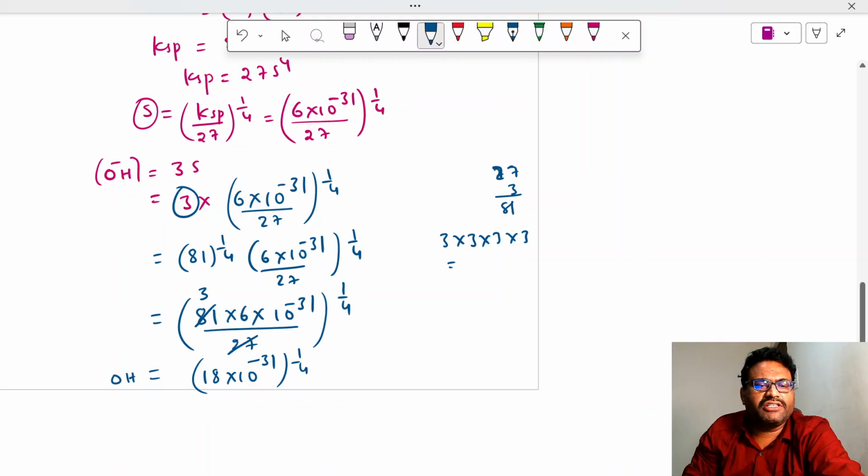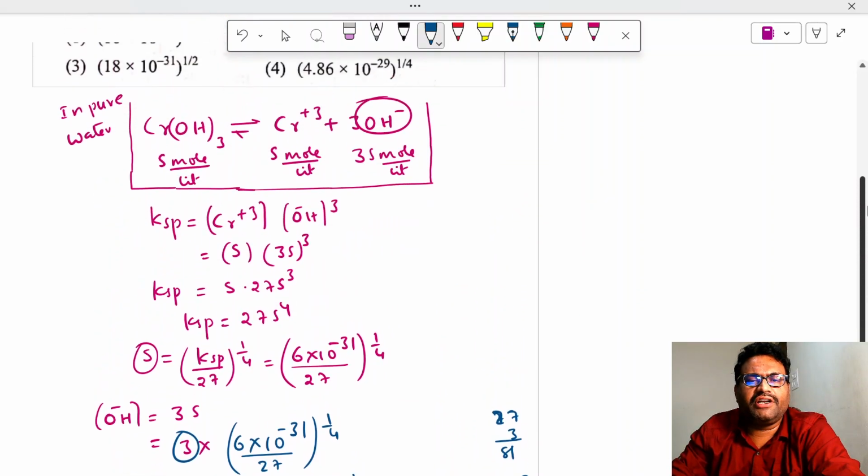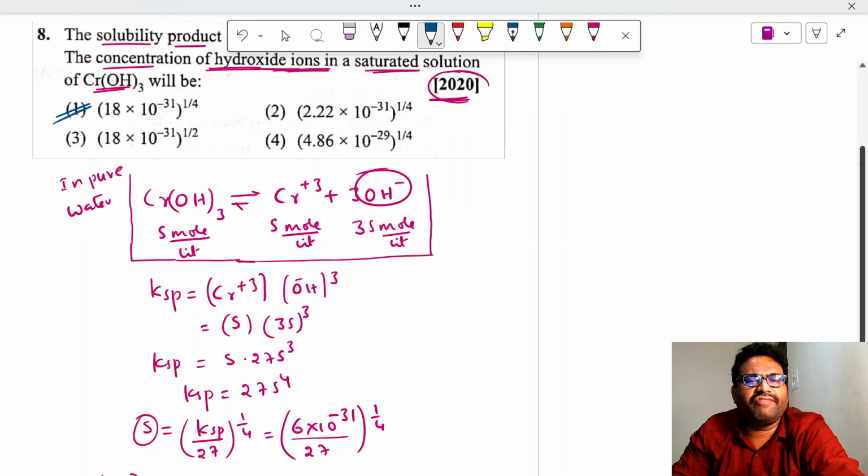So the OH minus ion concentration is 18 into 10 power minus 31 whole power 1 by 4. So this is the answer. You can find the answer on screen, 2020.